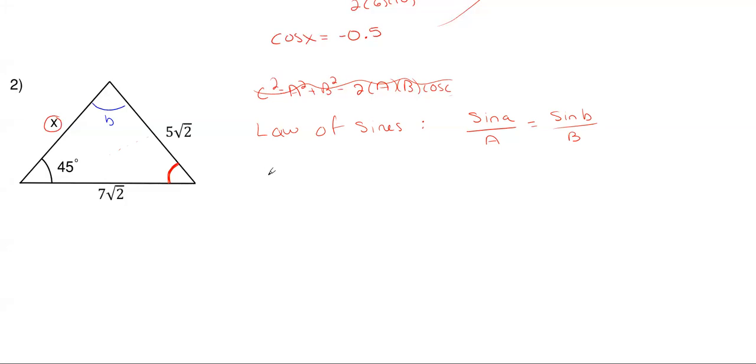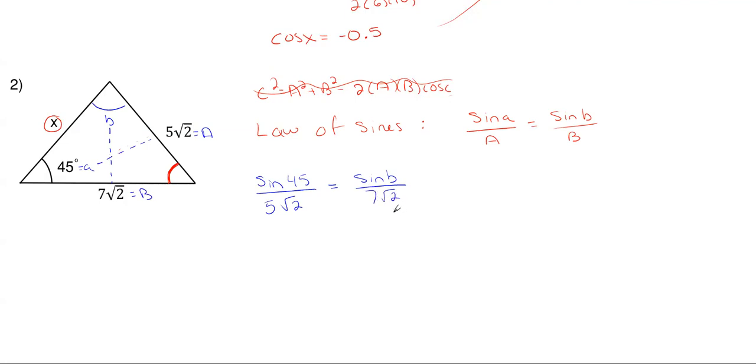My first round here, I'm going to use the sine of my angle A, which I'm just going to call 45 degrees over here, over side A, which is opposite it, so that would be 5 square roots of 2. And that's going to be equal to the sine of angle B, which I'm calling this one up here, divided by the side that is opposite that one, which is the 7 square roots of 2.